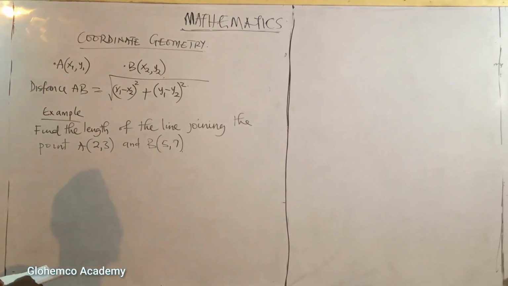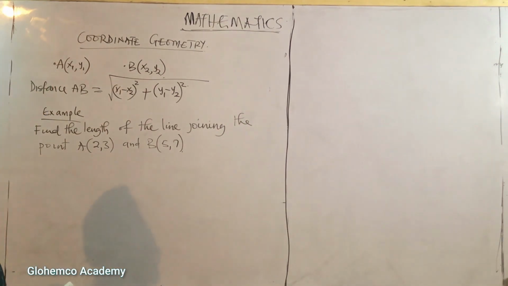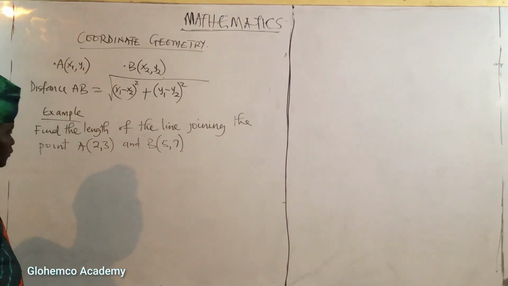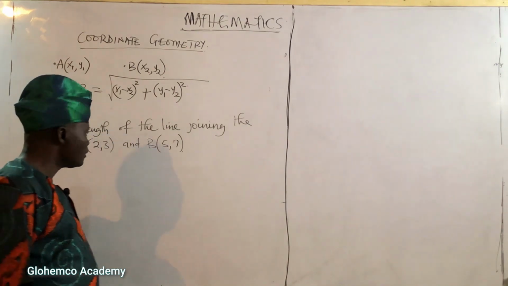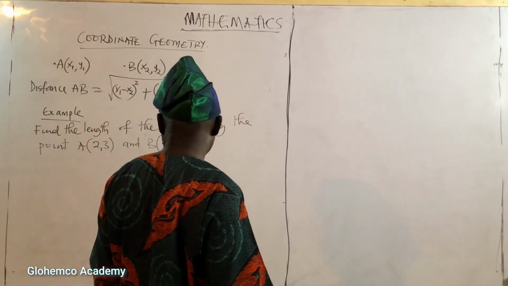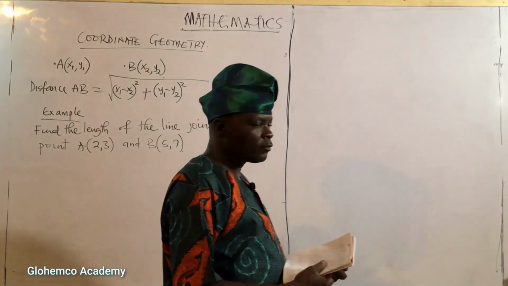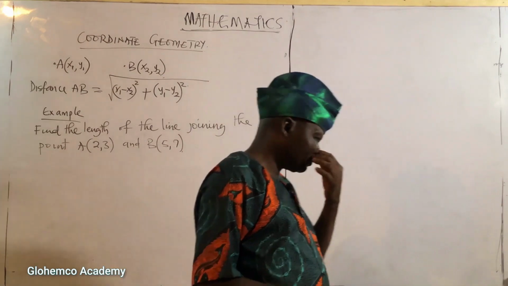Find the length of the line joining the point A (2, 3) and B (5, 7). How can we find this? How can we find the length AB?